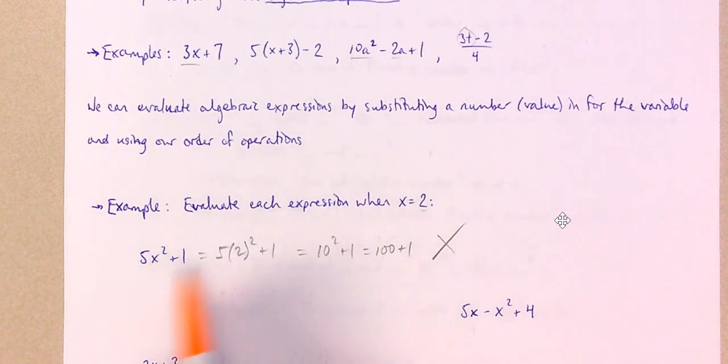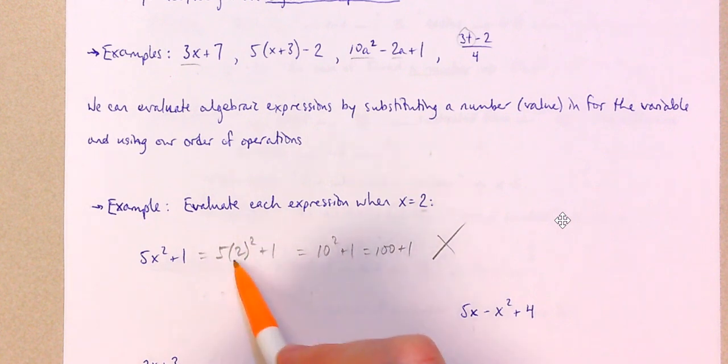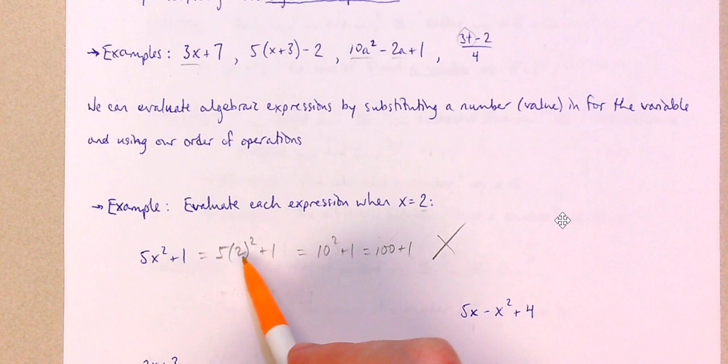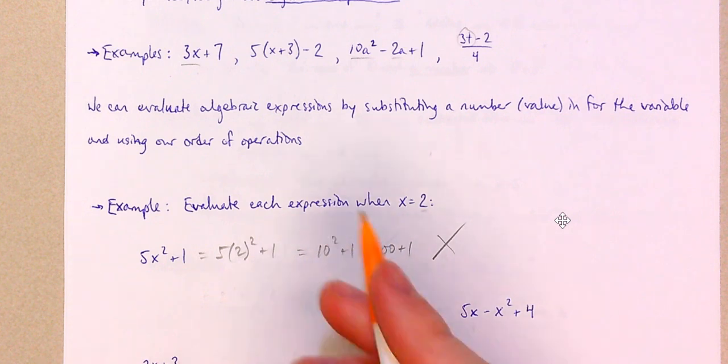When you have a constant times x raised to some power, or a constant times some other constant raised to some power, that power only goes to that second constant there. So this exponent of 2 only goes to this 2. It doesn't go to both the 2 and the 5.